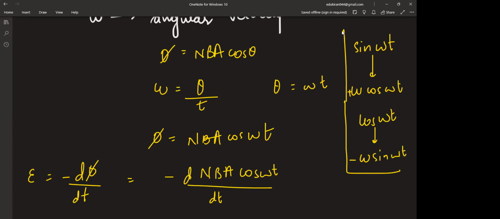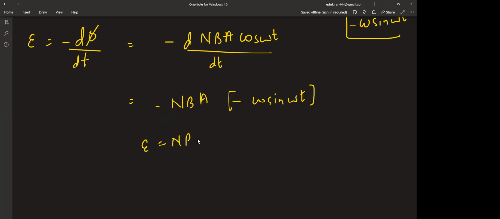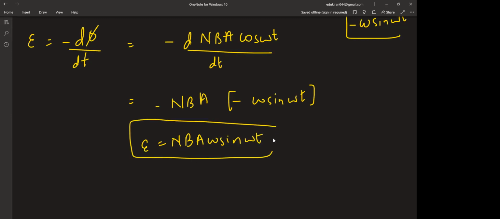This is helpful for the entire lesson, not just this portion. So minus into minus, EMF becomes NBA omega sine omega t.